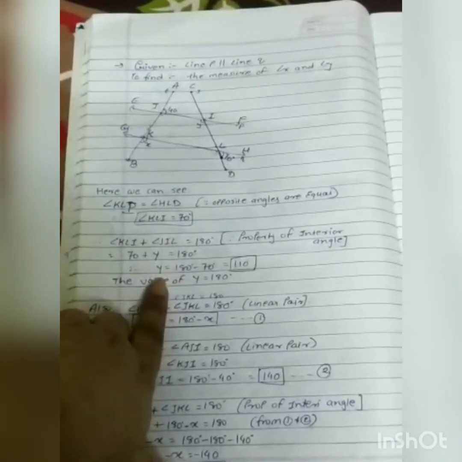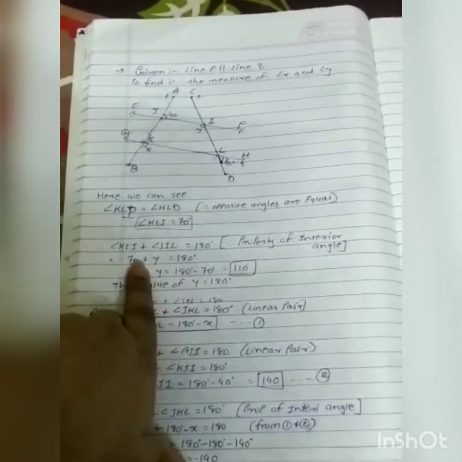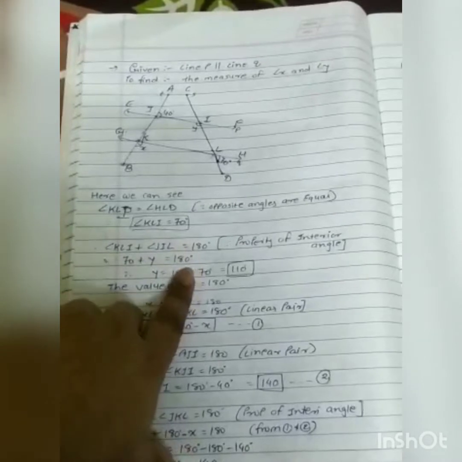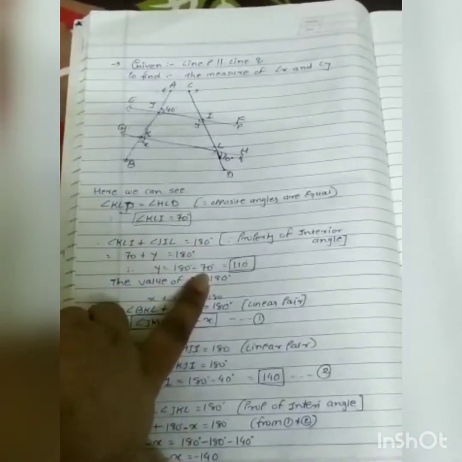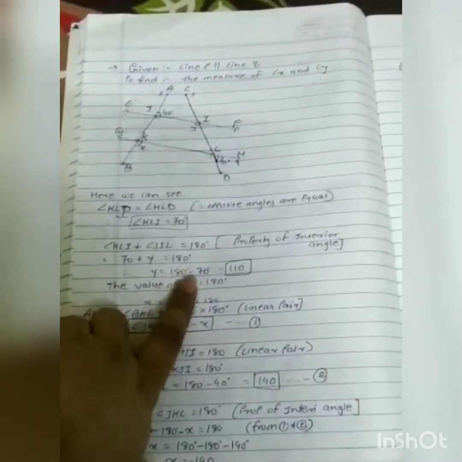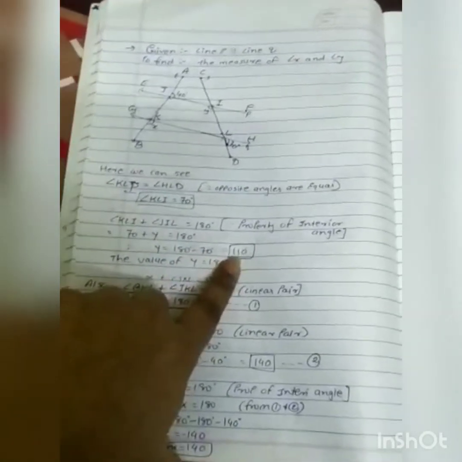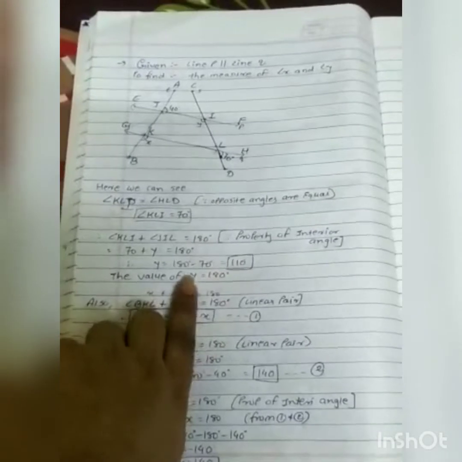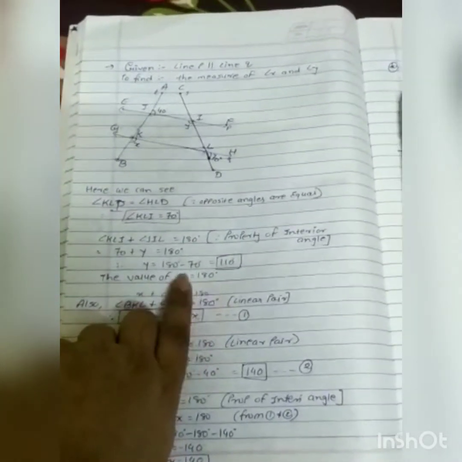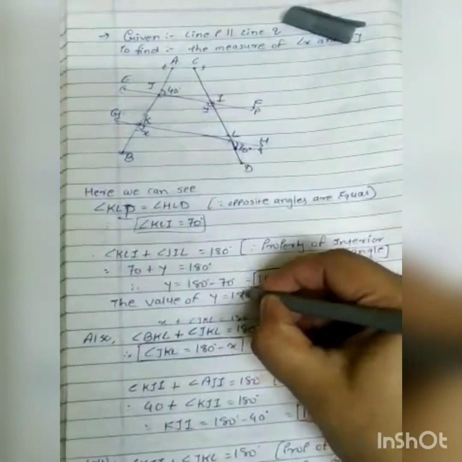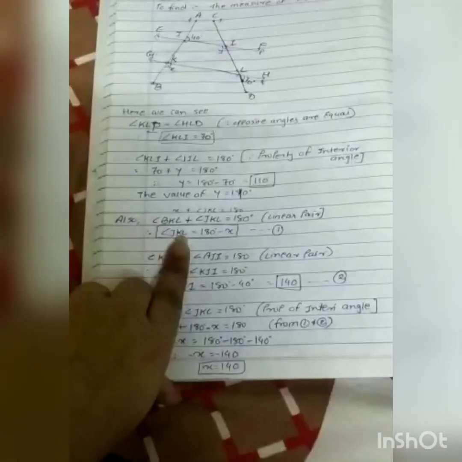We have to find y, so 70 goes to the other side and becomes minus 70. 180 minus 70 is equal to 110. The value of y we have found out is 110.